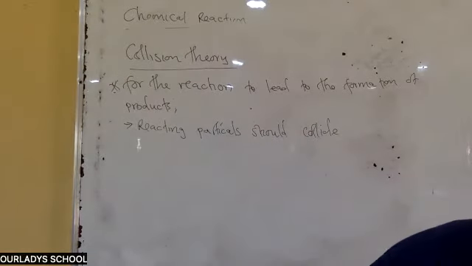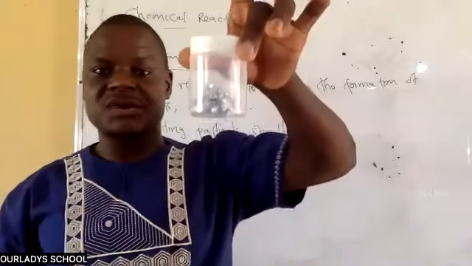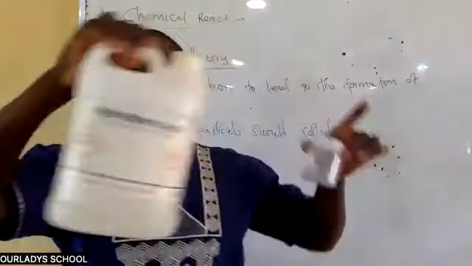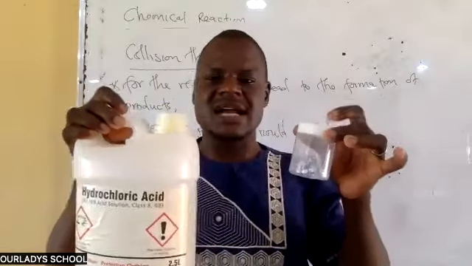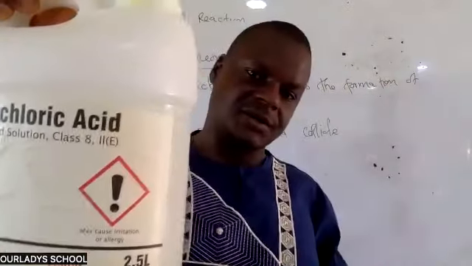So we are going to do a bit of a chemical reaction where we're going to use magnesium ribbon and a little bit of HCl. So these are the reacting species that we have at the moment, magnesium ribbon as well as HCl.